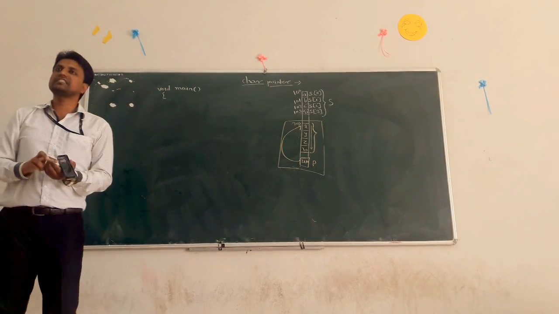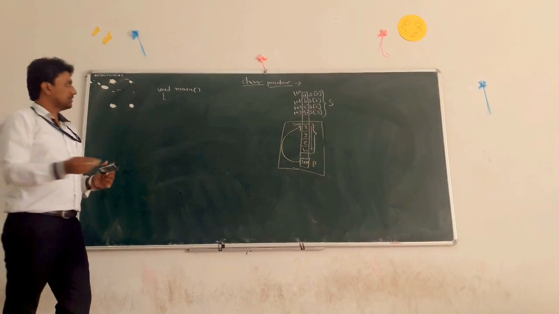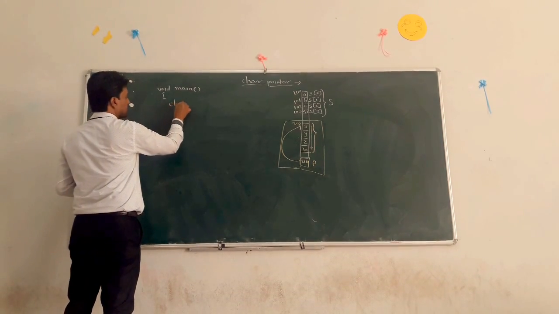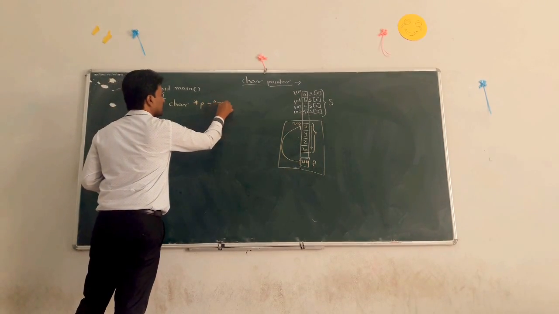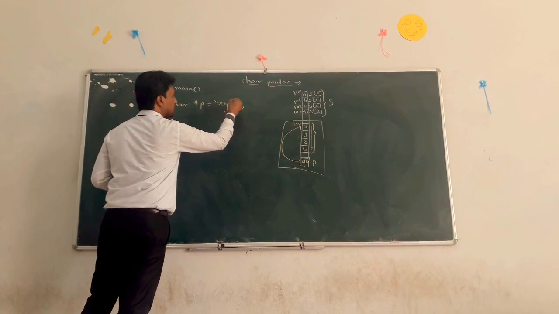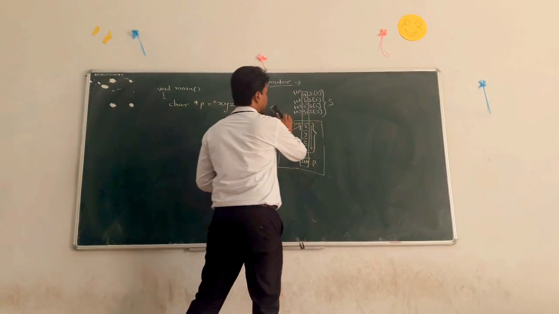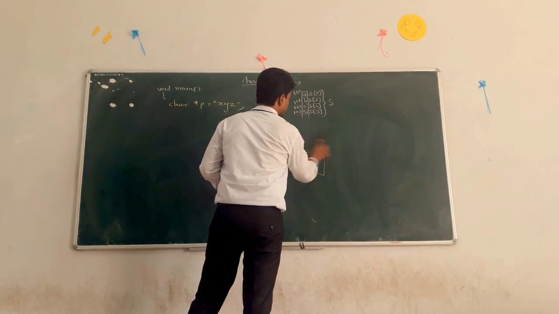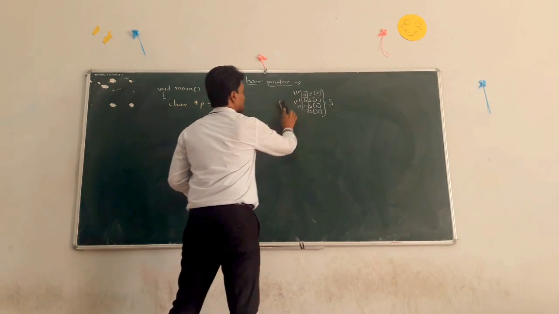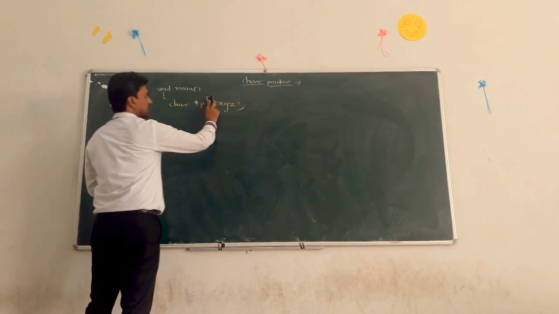Now we can initialize the string the first time statically. Take one string using character pointer p. What is the string? X, Y, Z. We can initialize it directly, or there are different ways.